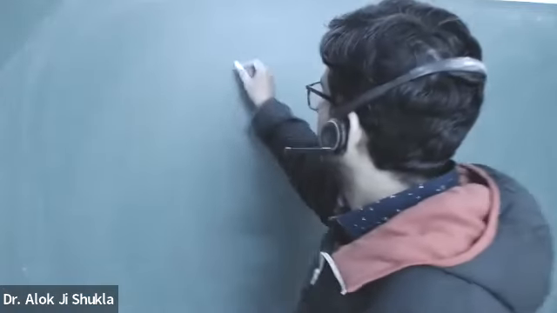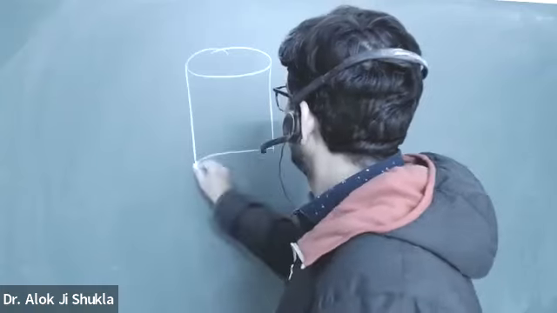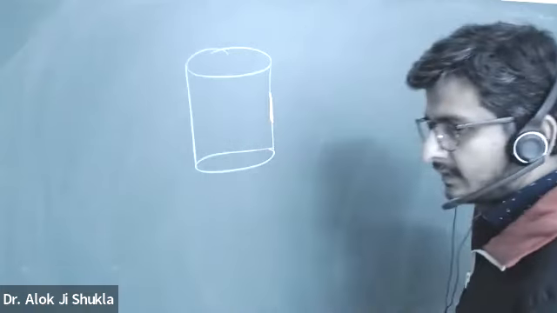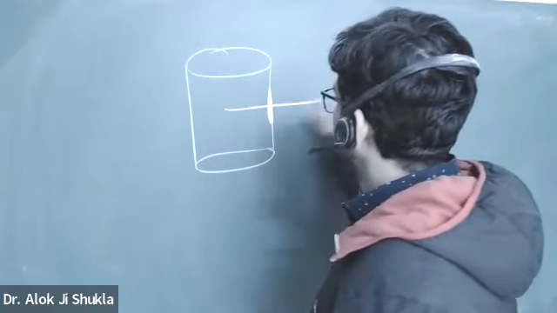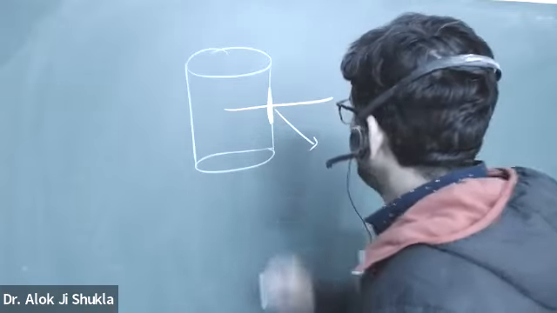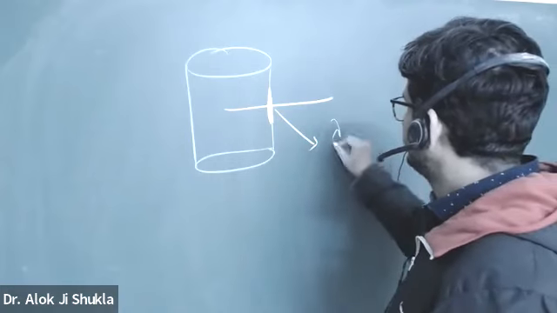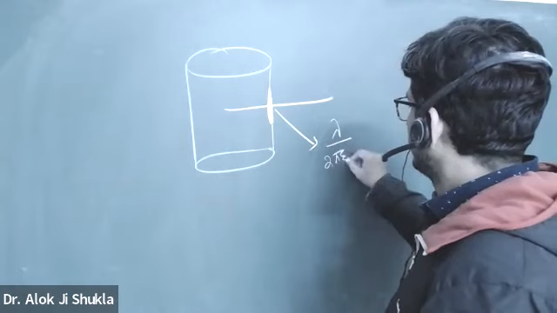So this was the cylinder, this is the surface. Here the surface is this, right? This is the perpendicular. So what is the field here? Tell me, Varun. Lambda by 2 pi epsilon naught r.